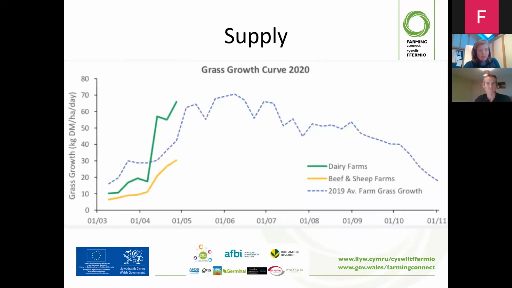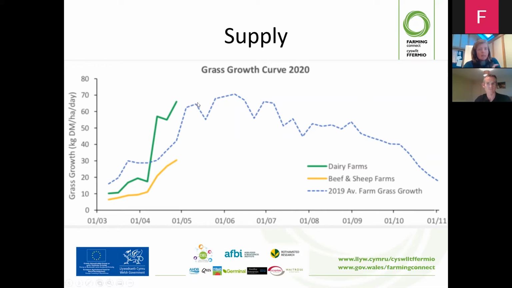And as you can see from the previous slide, we've had this delay in grass growth this spring. So a lot of people have been experiencing this tight grass supply at this time of year. And as I said, recovery time has been reduced because we've eaten quite a lot of the leaf out, because there wasn't as much around as we would like.